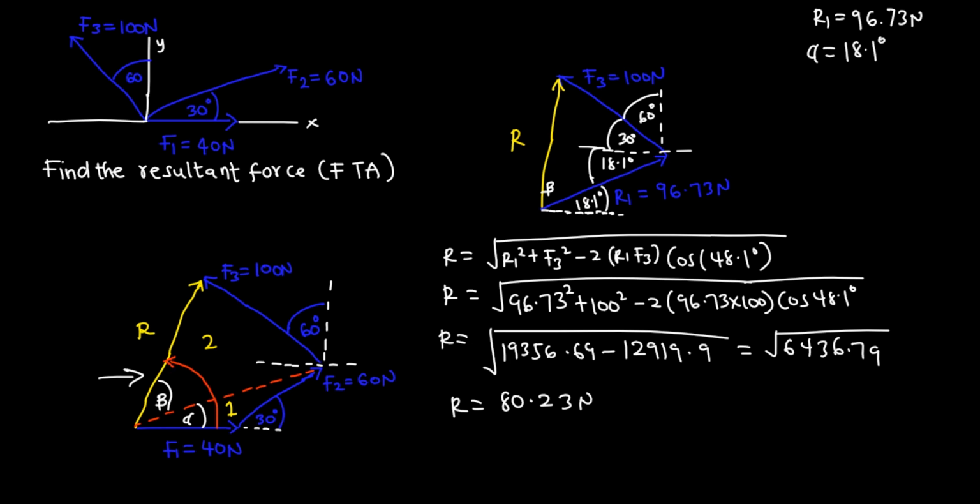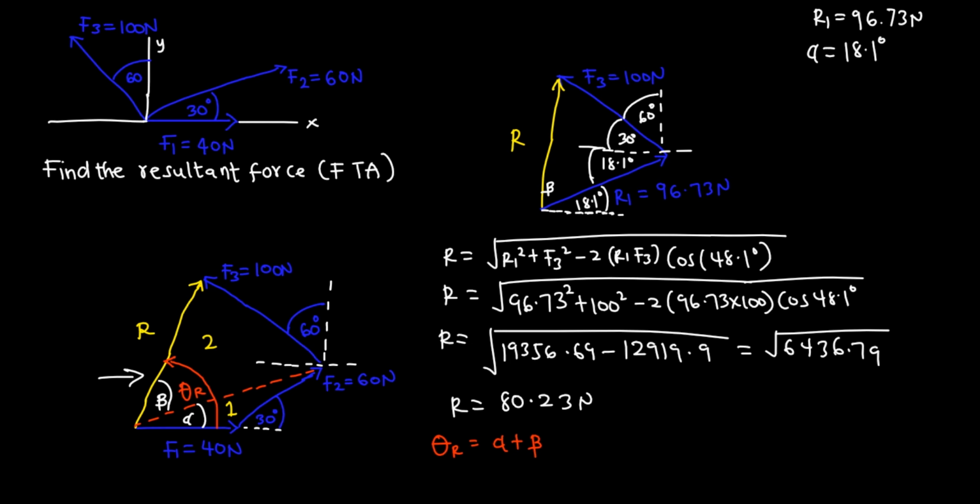I will name that angle theta sub r, and theta sub r will be equal to alpha plus beta. That will be the angle that the resultant force makes with the positive x-axis. So all you have to do now is to find beta.